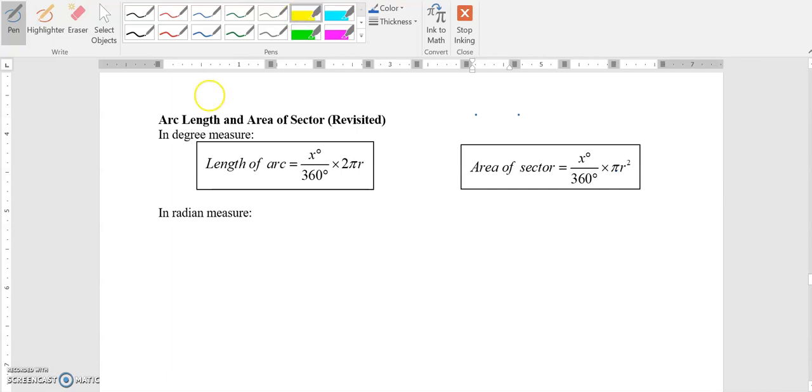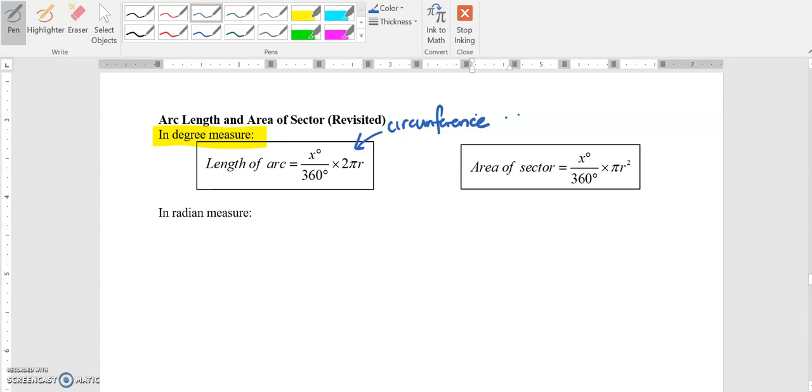Now in degree measure, we know that length of arc is the angle in the center out of 360 degrees times 2 pi r, remembering that 2 pi r is the circumference. It's not surprising because length of arc is a fraction of the circumference. Then comes the area of sector.